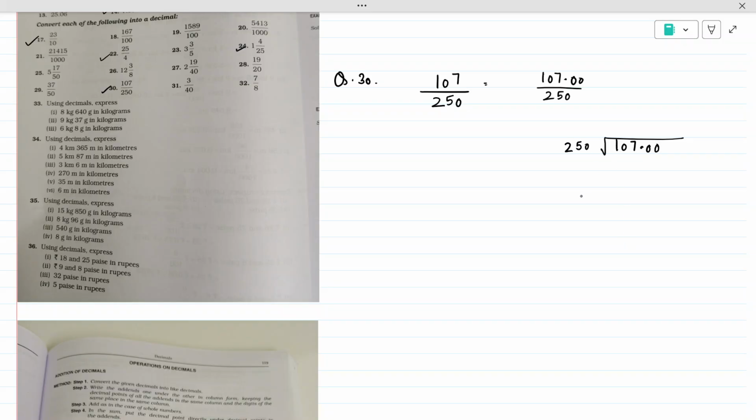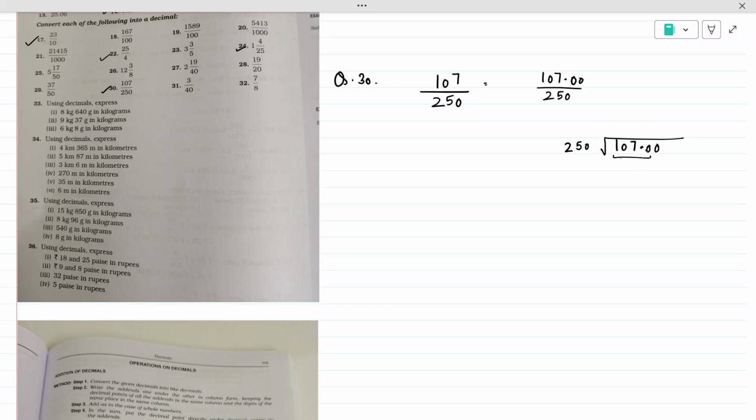Okay, so kids, see here, we know that 107 is less than 250. So that means we cannot divide this by 250 straight away. So we have to consider this complete number. That means we have to consider this 0 also.